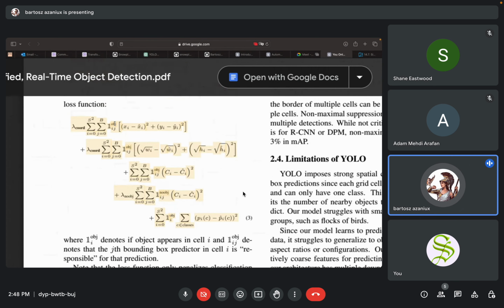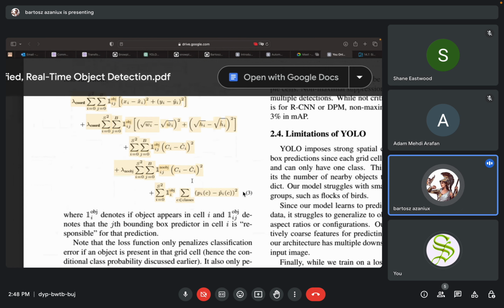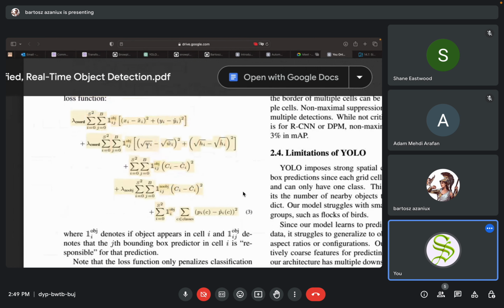So IJ is for the bounding boxes. Oh, so there's OBJ and no OBJ, and that defines what you were mentioning. Yeah. Honestly, I kind of ran out of time, so I stopped reading super closely around here.